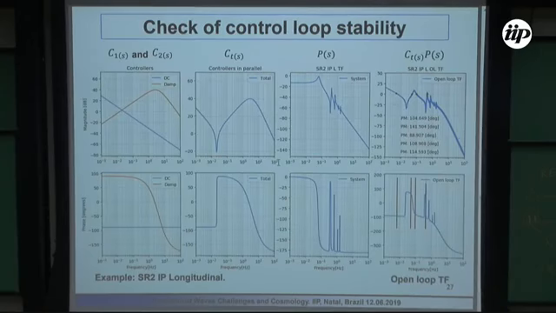As an example, if you are using these two filters for your tower, let's say it's an example of the signal recycling 2 mirror inverted pendulum and longitudinal, your control for the tower in this case will be like this, and the transfer function of that degree of freedom is that one. So you need to study the product of the control and your system.